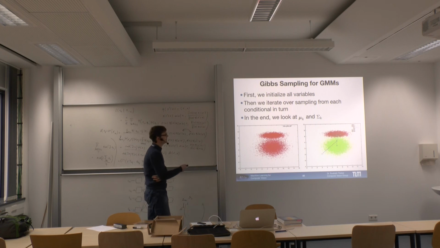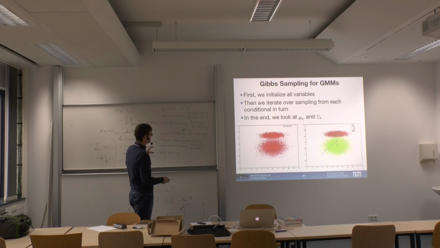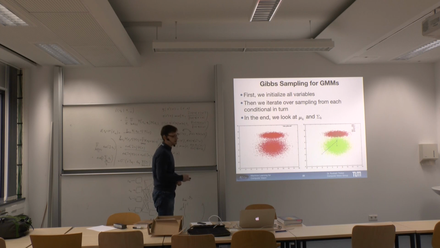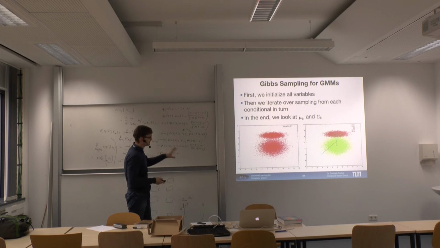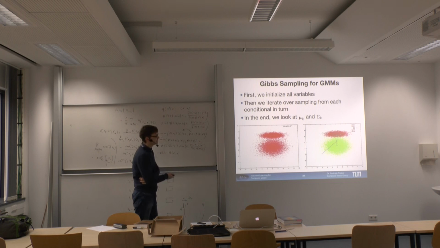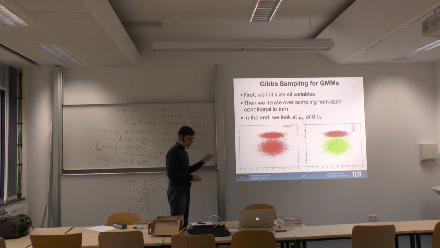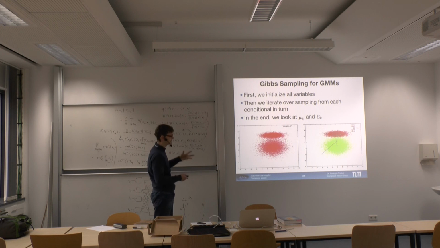So first we initialize the variables somehow, and the theory says that it doesn't really matter how you initialize it, right? Because eventually it reaches the stationary distribution, and then you can directly read off from the parameters that you estimated from the mixture of Gaussians.